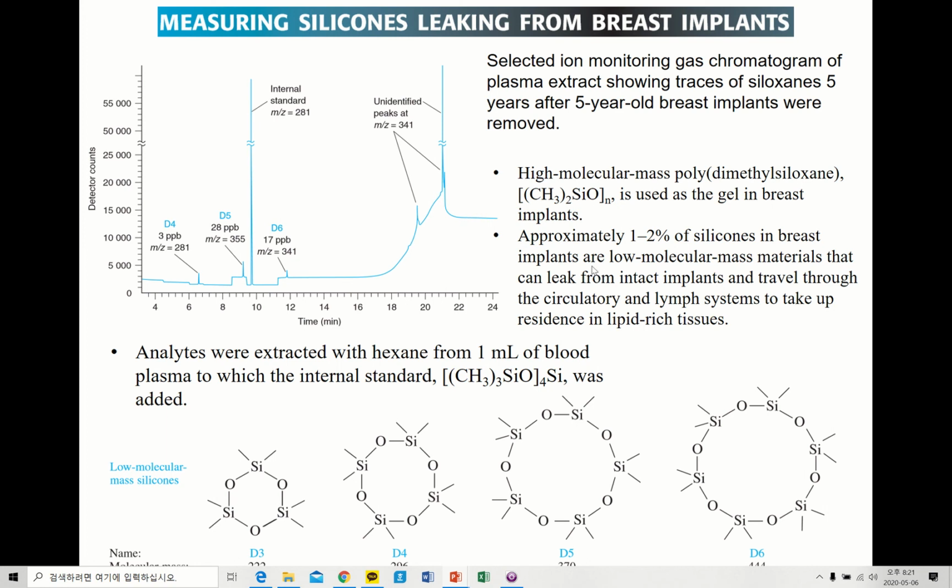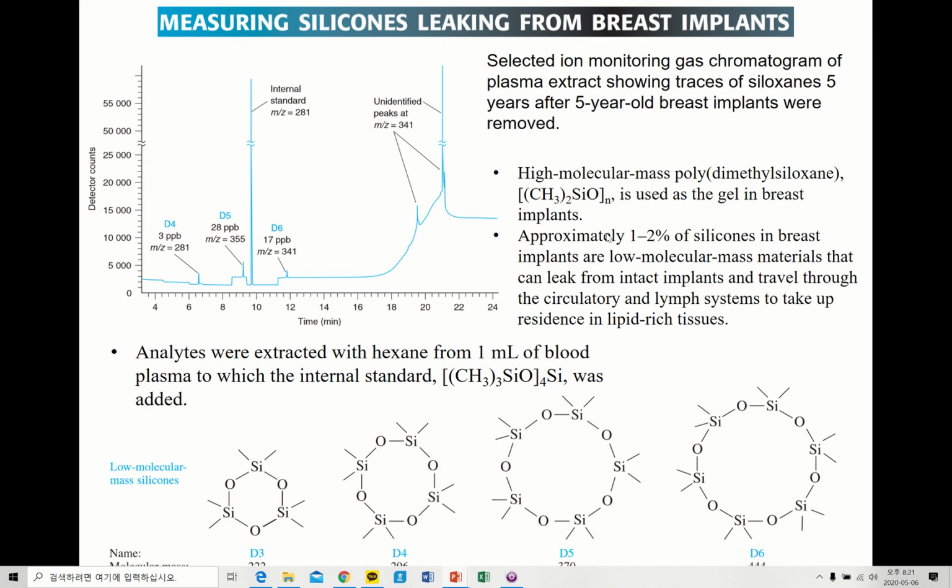So let's see what kind of silicon compounds are used as a breast implant. High molecular mass polymethylsiloxane. The general formula is like this one, right? It's used as the gel in breast implants. But this chromatogram shows the traces of siloxane 5 years after the breast implants were removed.